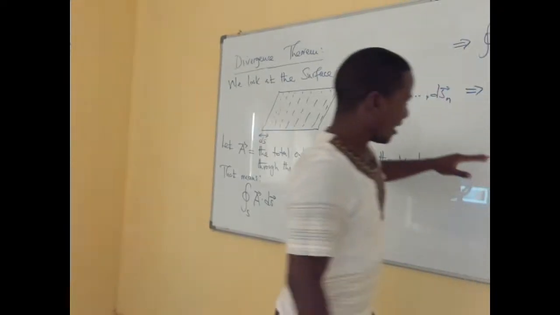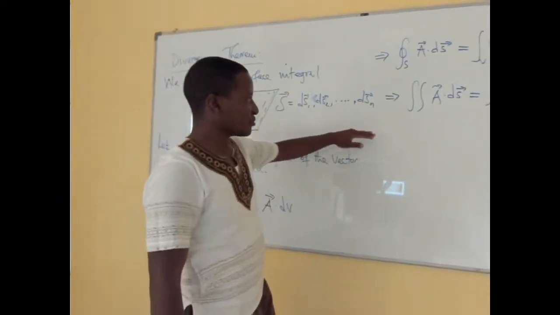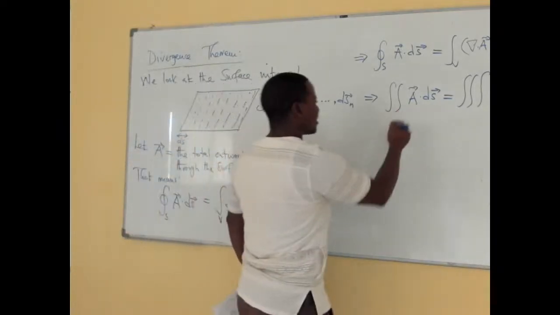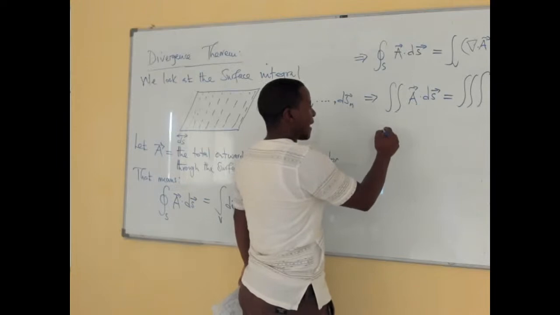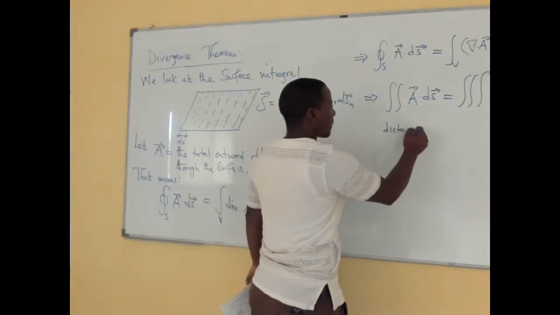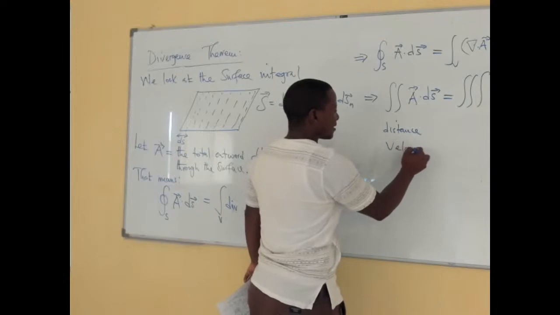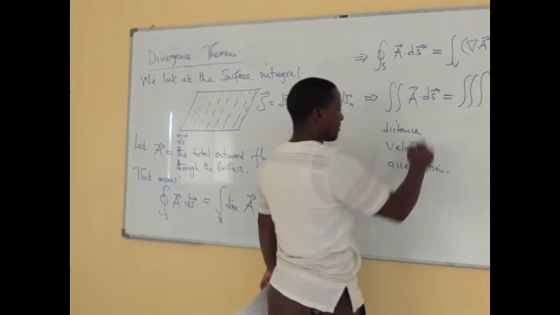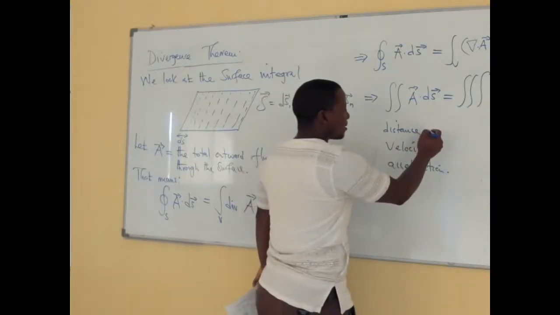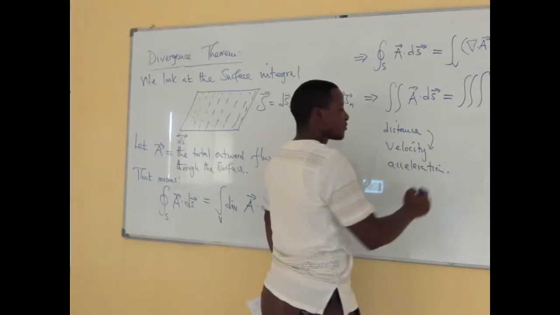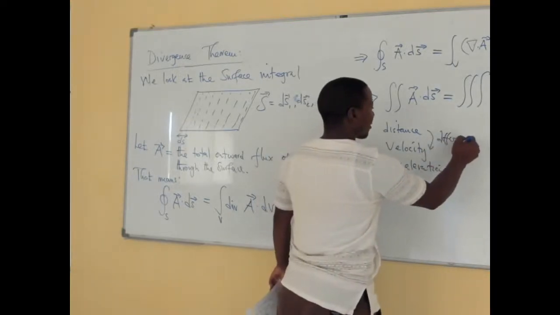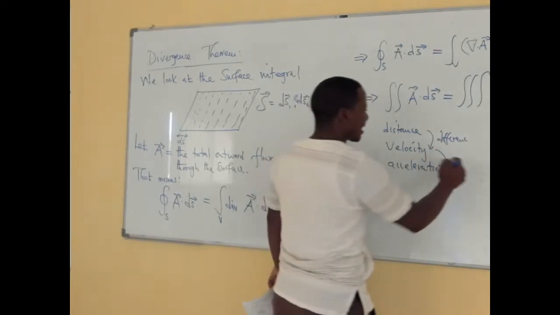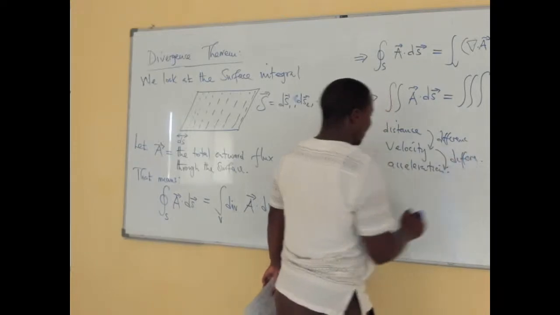In other words, to explain this, we have the distance, the velocity, and the acceleration. To move from distance to velocity, you have to differentiate, and to move up to acceleration, again you differentiate.